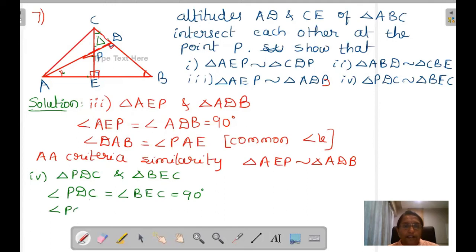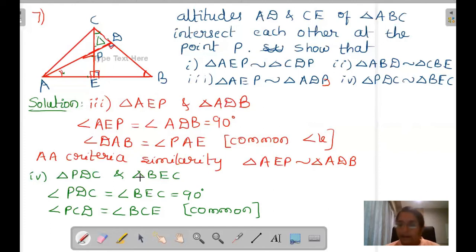So angle PCD is equal to angle BCE. This is common. So again by AA criteria, we can write triangle PDC is similar to triangle BEC. This example is very easy, and here you just have to observe the angles.